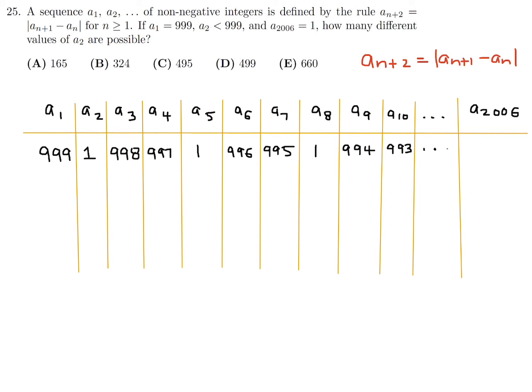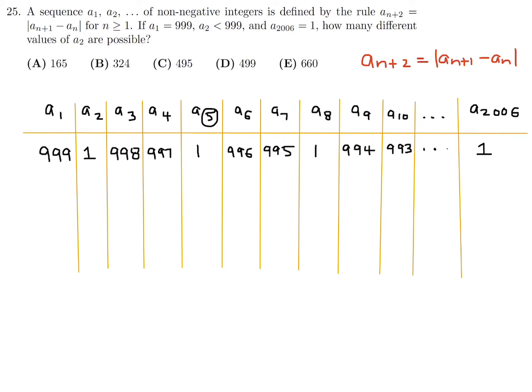But we are told that a2006 is equal to 1. Does this match? I noticed that the ones are repeating, right? a2, a5, a8, and so on. So it looks like if n is 1 less than a multiple of 3, the term will be 1.